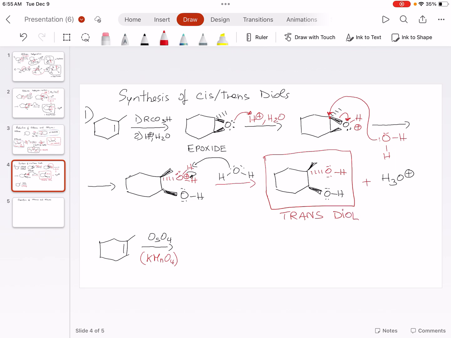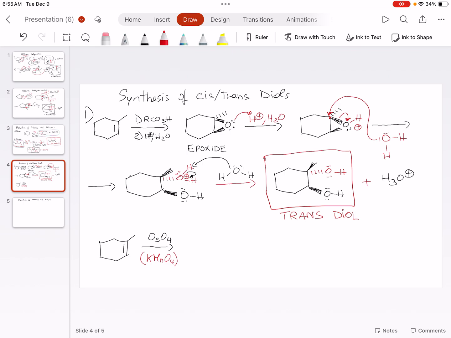Diol because there are two, that's the di. Ol because it's the suffix normally used for alcohols. So this is how you make trans diols. It's the only reaction that you're going to see in this chapter that allows us access to this kind of compound. However, as you know, in organic chemistry, we always need the option to actually synthesize other types of compounds.